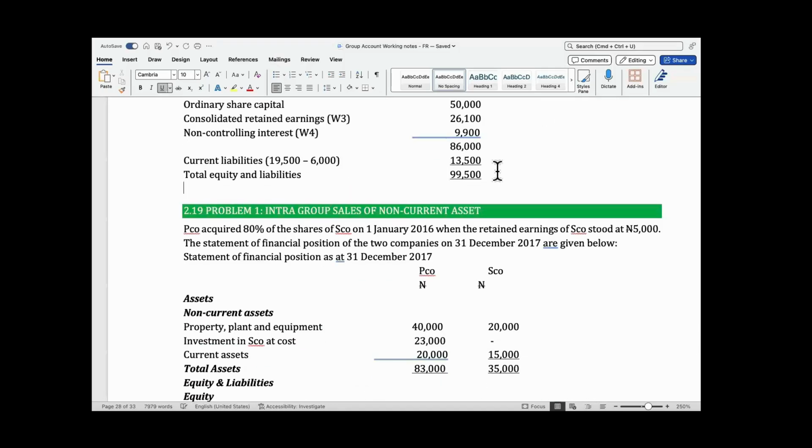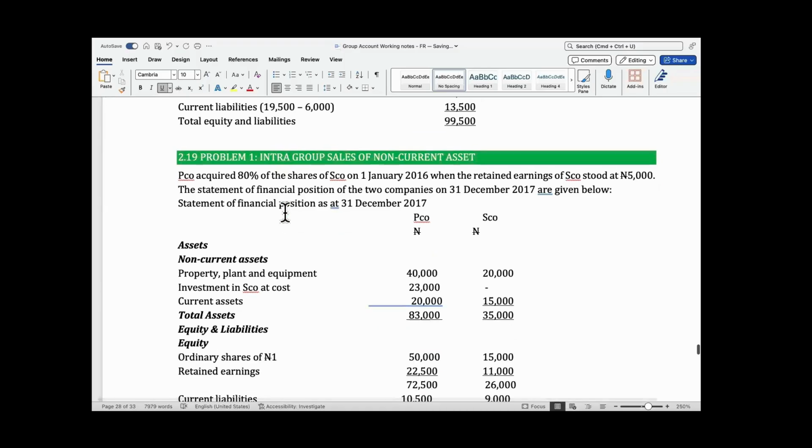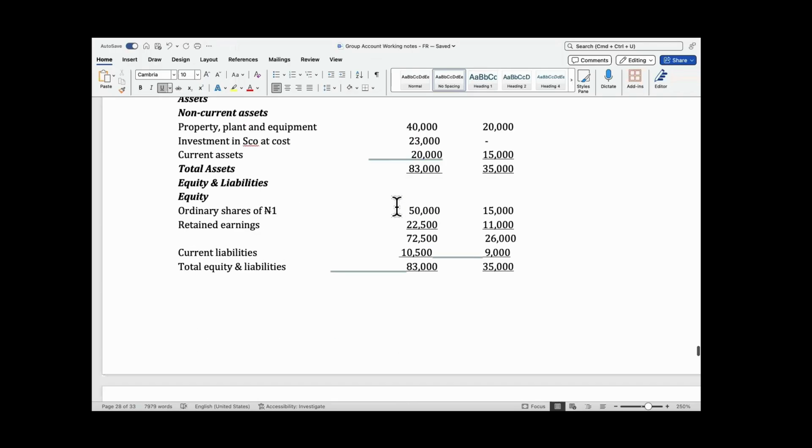Now, this one is talking about intragroup sales of non-current assets. Here they stated that Pico acquired 80% of the shares of ESCO on 4 January 2016, when the retained earnings of ESCO stood at 5,000. The summarized financial positions of the two companies on 31st December 2017 are given below.